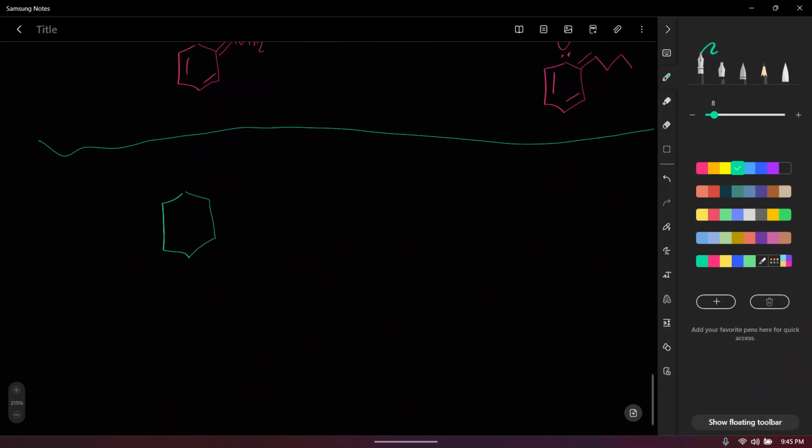If I have a general... I'll do another ether. Let's do the resonance structures for this lone pair. Where does this lone pair actually end up? Well, it ends up on that carbon right there.